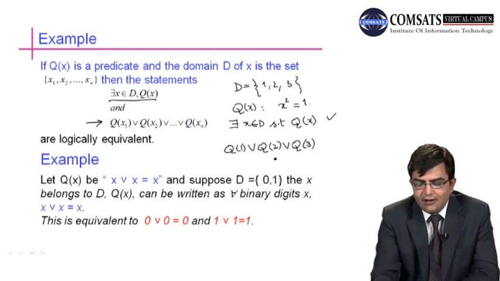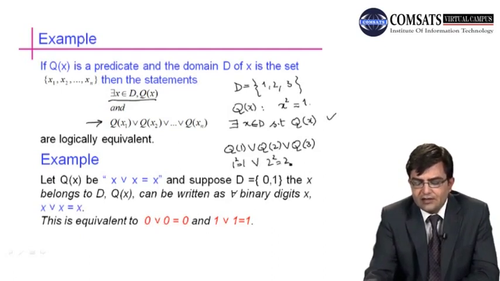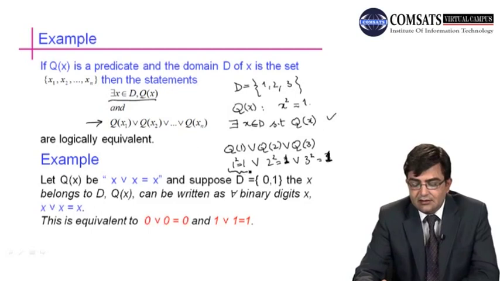Now what is Q of 1? This is 1 square is equal to 1, or 2 square is equal to 1, and 3 square is equal to 1. Now only this portion is true and the other two portions are false.